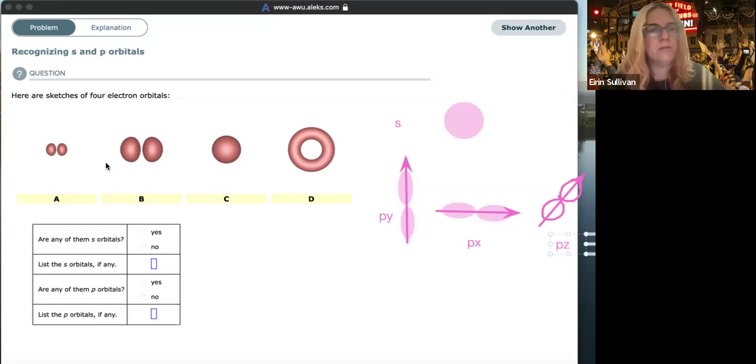Now, d orbitals are related to p orbitals. Remember, d orbitals have L equals 2, which means your ml values go from -2, -1, 0, +1, +2. So there are 5 possible orientations for the d orbitals. You don't have to recognize them on this question, but you'll occasionally see them come up.